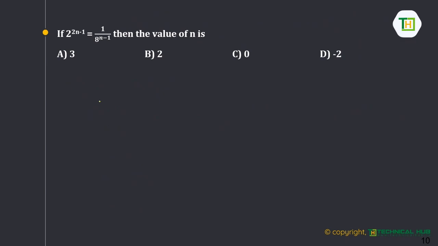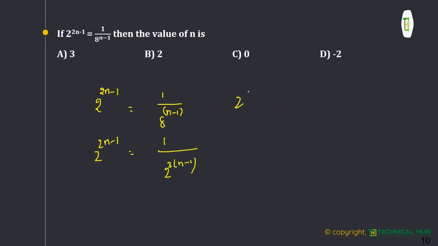Yeah, here the given question is 2 whole to the power of 2n minus 1 is equal to 1 by 8 power of n minus 1. So bracket is there. Let's solve this one. So 2n minus 1 is equal to, so 8 is nothing but 2 to the power of 3n minus 1.